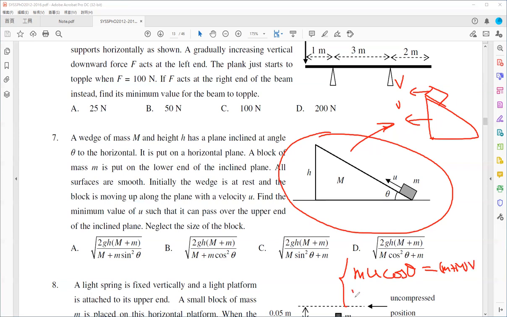The next equation is conservation of energy. That's it for you to solve question 7. Any question? I hope it will be simple enough, at least for this question. Let's move on.